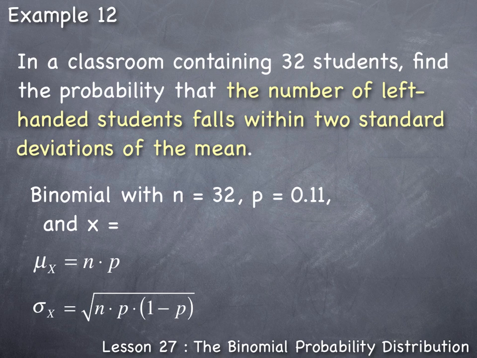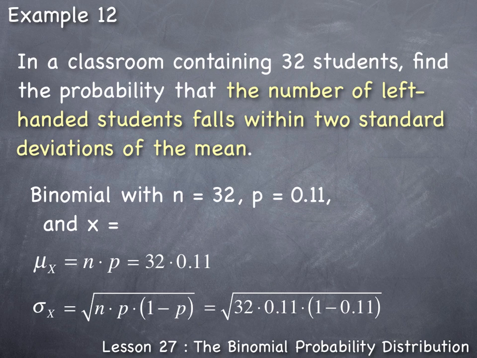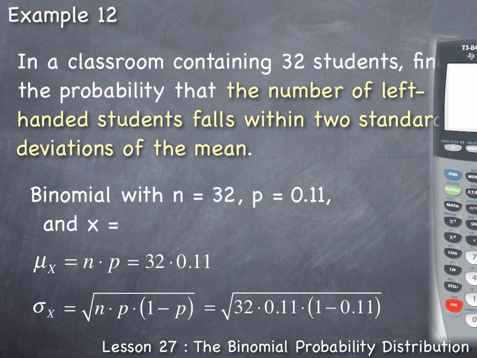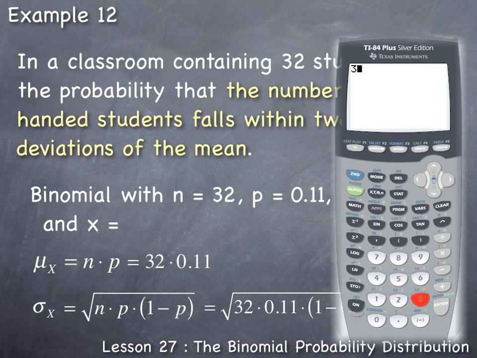Here, using the n equals 32 and the p equals 0.11, we find that the mean is equal to 32 times 0.11, and the standard deviation is the square root of the quantity 32 times 0.11 times 1 minus 0.11.